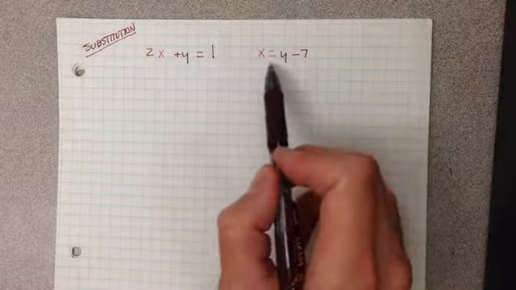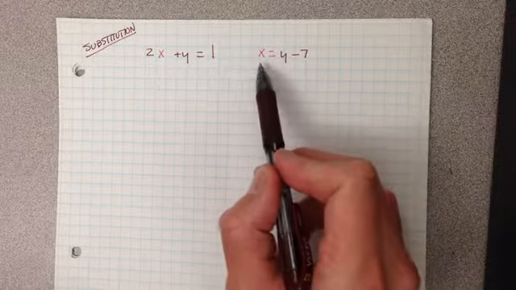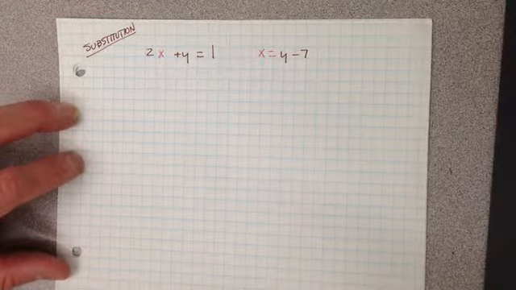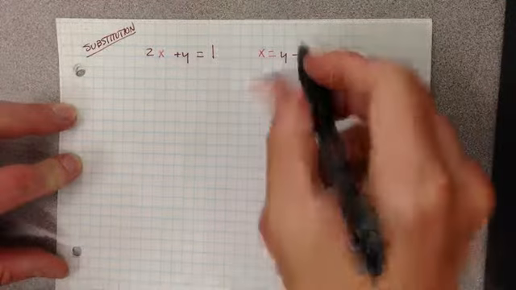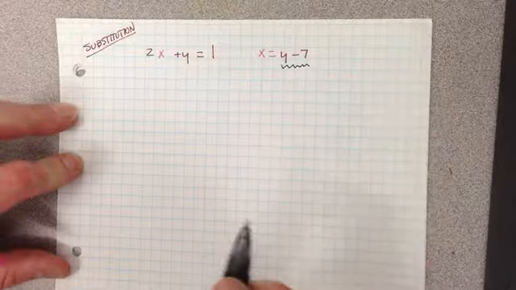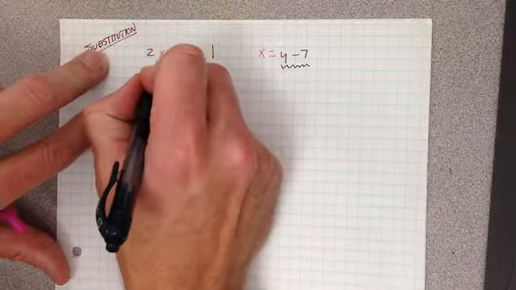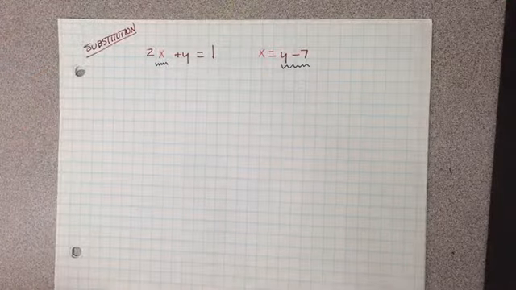Now, I know what x is. X is y minus 7. So if I were to take this x value that I see here, which is y minus 7, I can take that whole thing and I can put it in place of x.